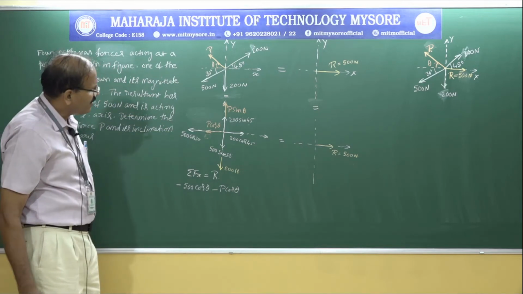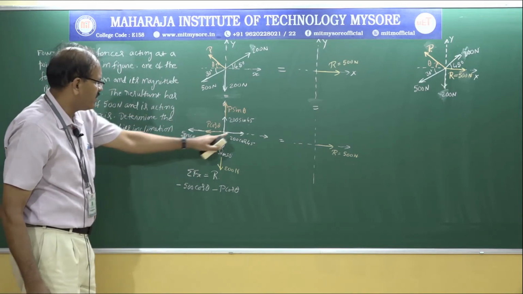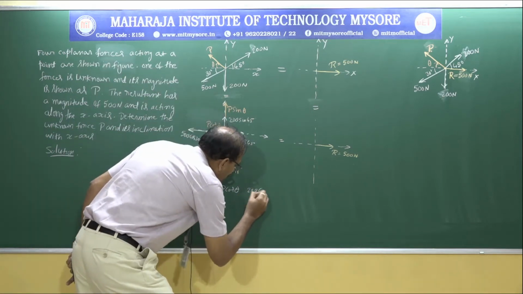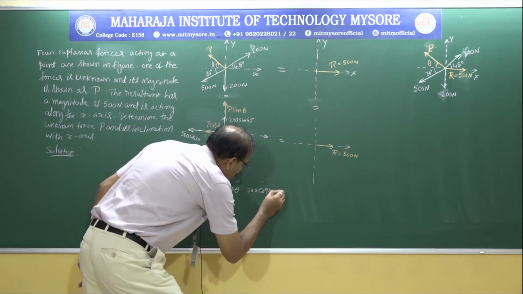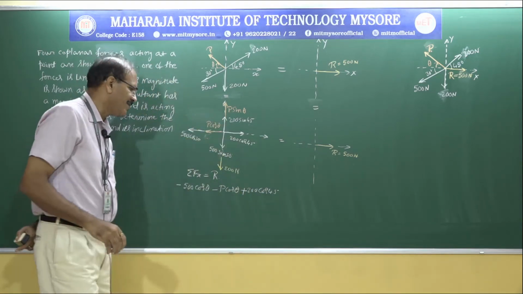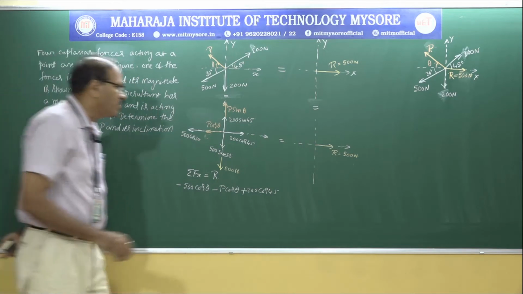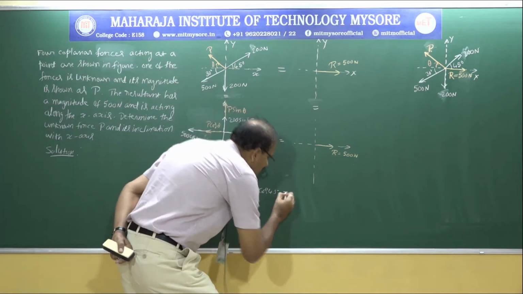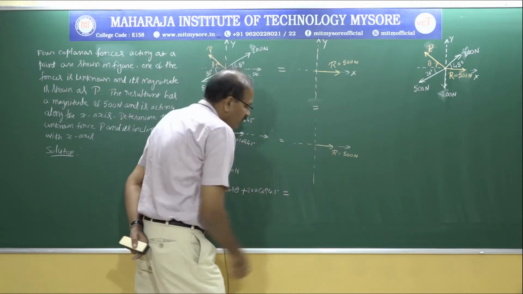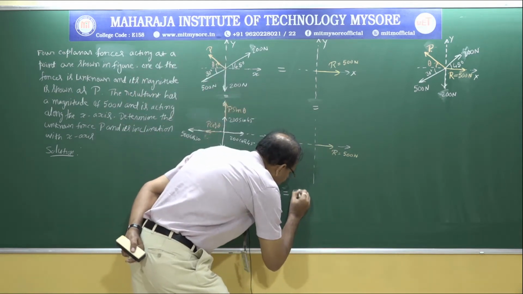Is there any other horizontal force we have? Of course we have this. So it is 200 cos 45 with plus sign, because this is acting towards the right. That should be equated to R. What is the value of R? The value of R is 500 Newton.